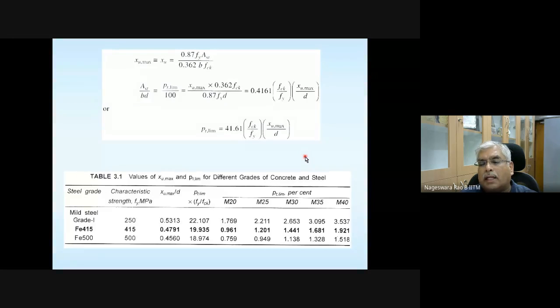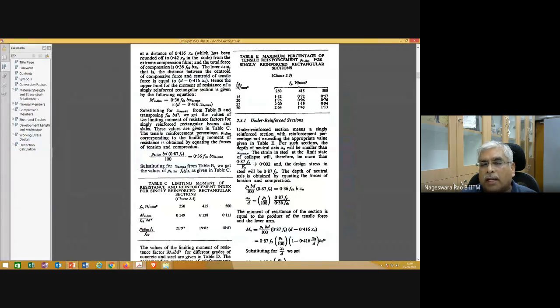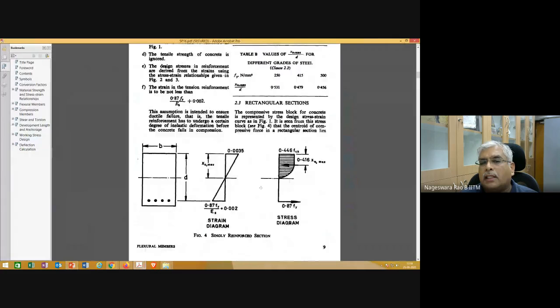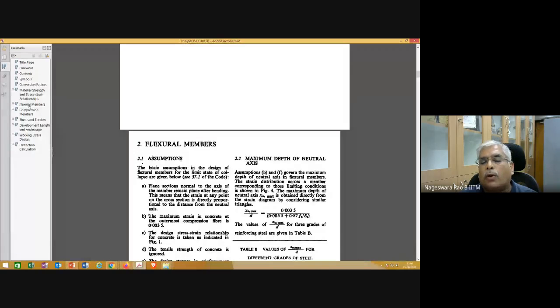And now let's go and see SP16. This is, I think, maybe earlier you referred SP16, but in today's class, you will learn more about that. Okay. SP16, directly go to, there are several sections here. Go to flexural members. First of all, what is this SP16?